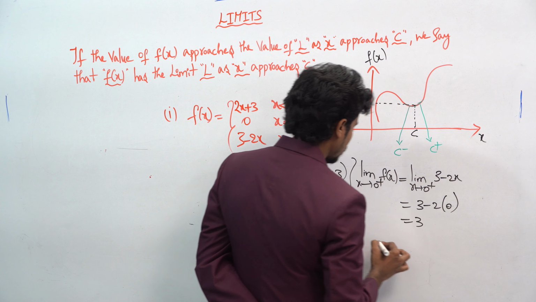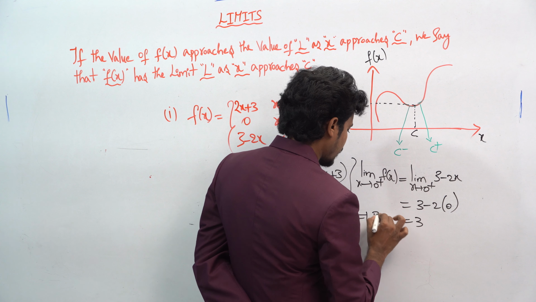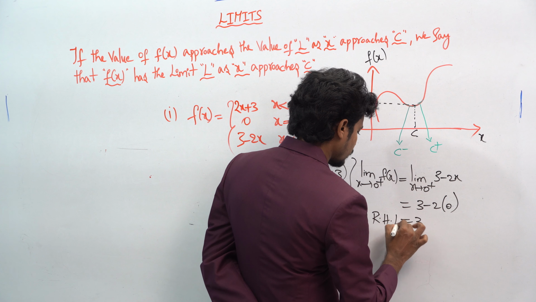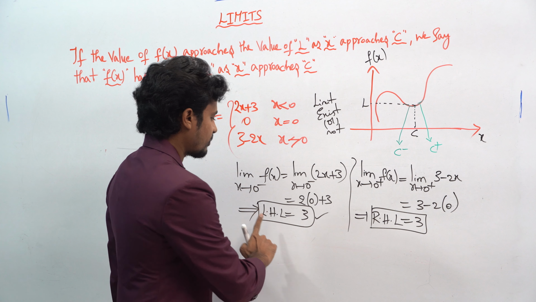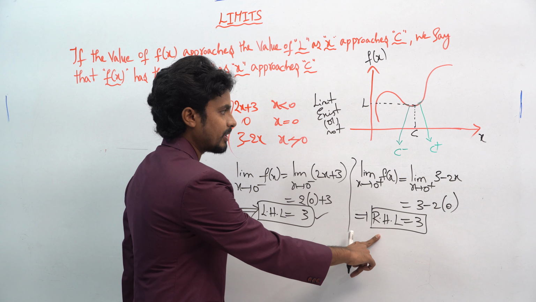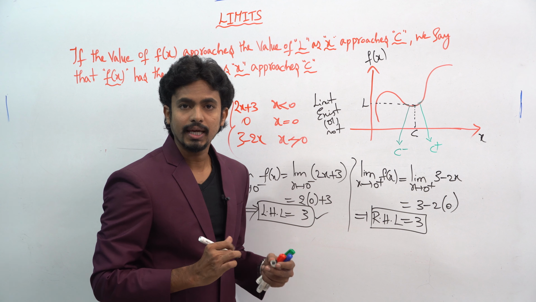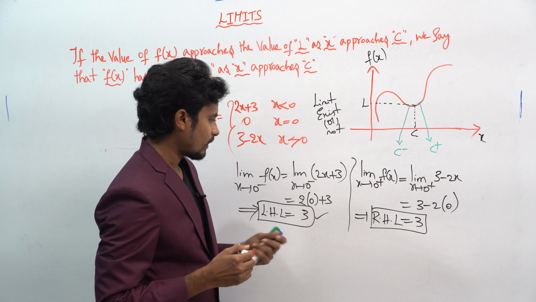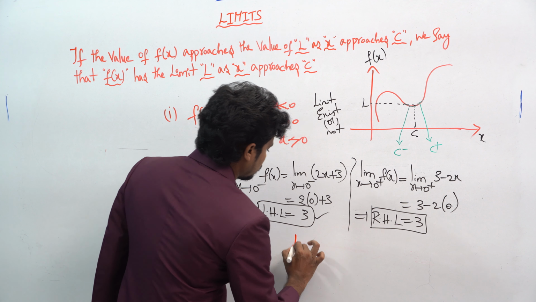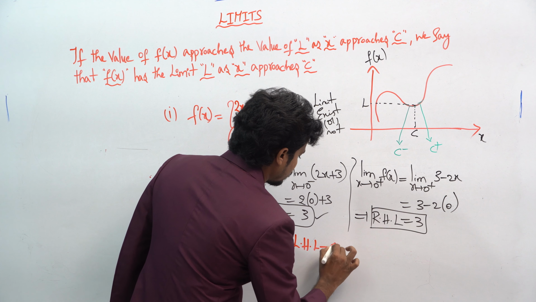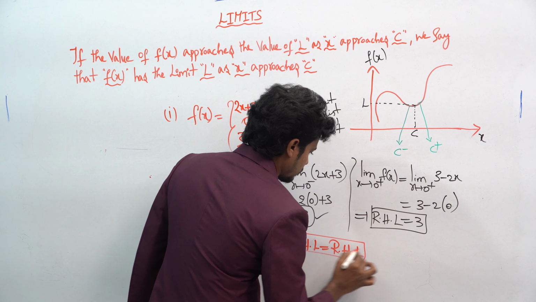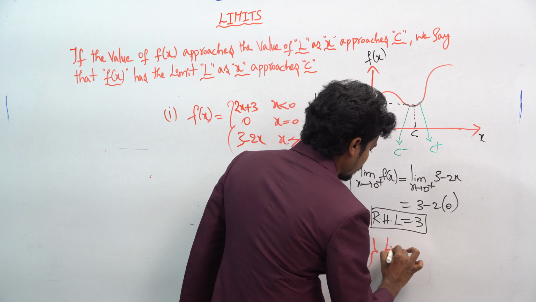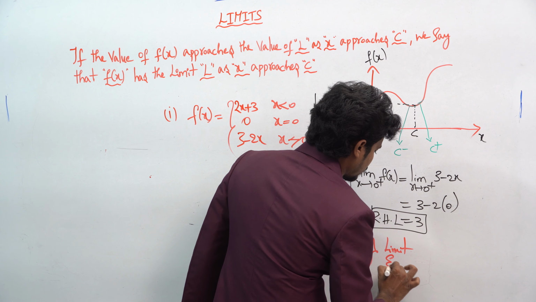This will become 3. So the right hand limit will be 3. Here you can see the left hand limit is equal to the right hand limit, hence our limit exists. Limit exists.